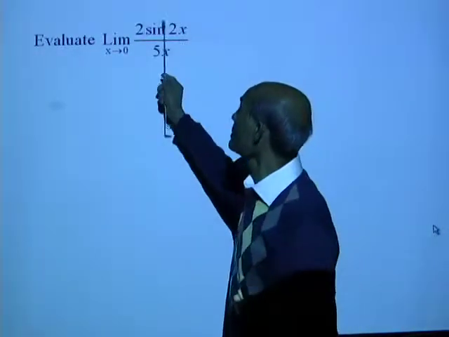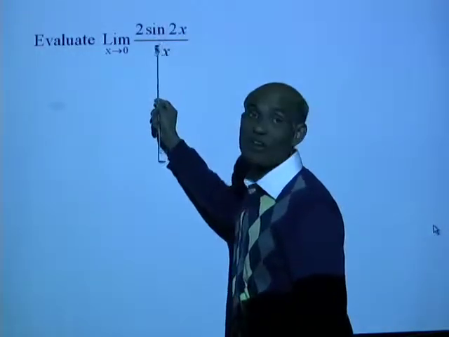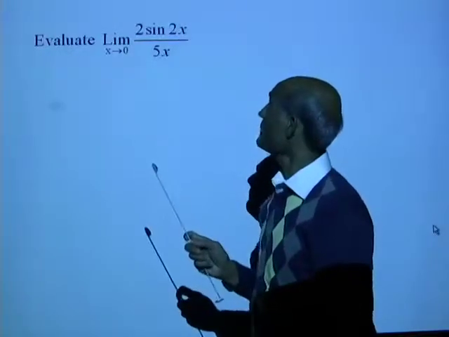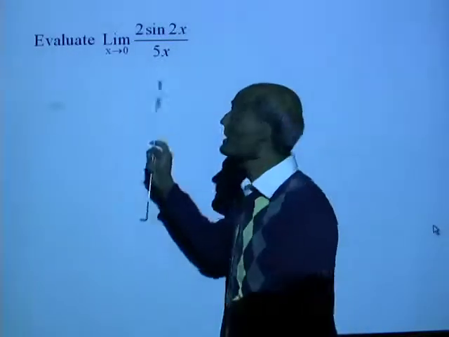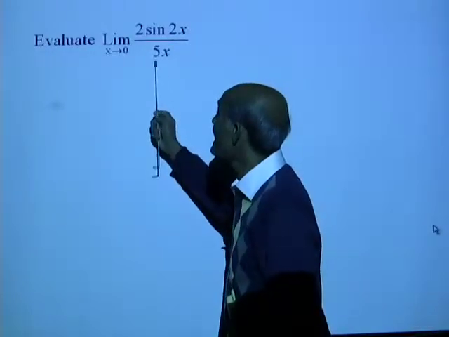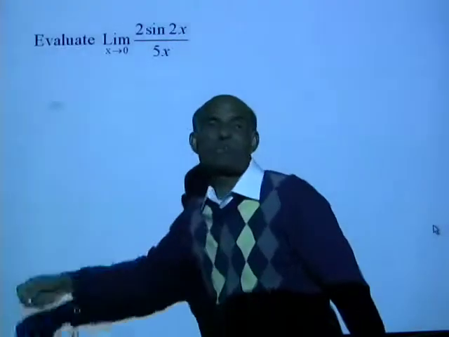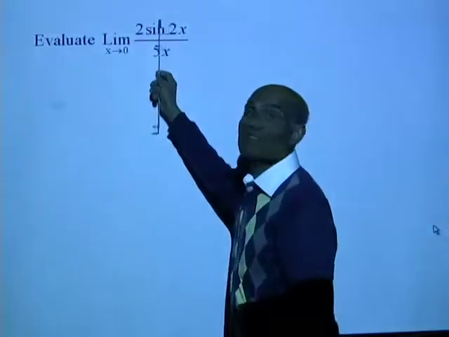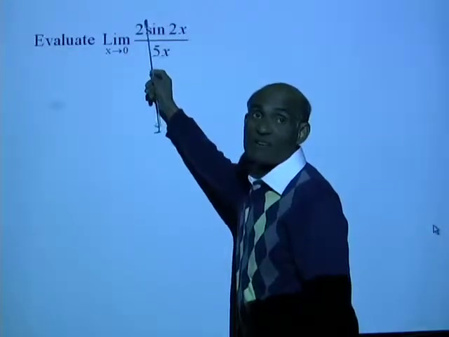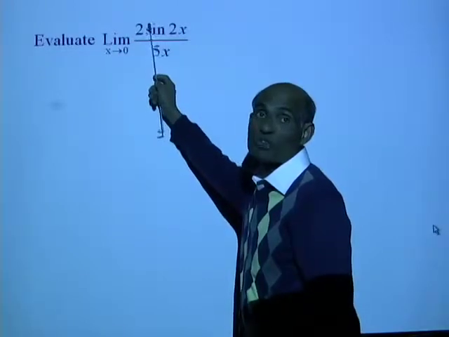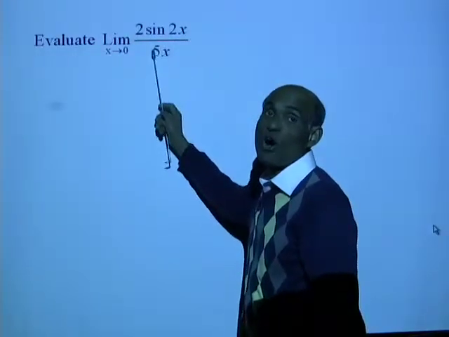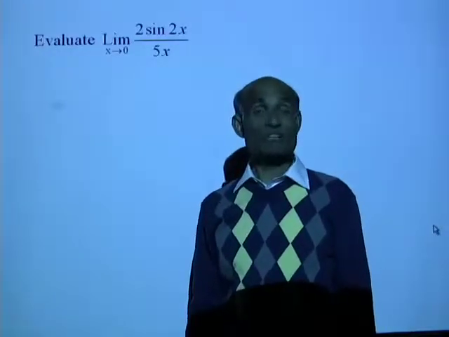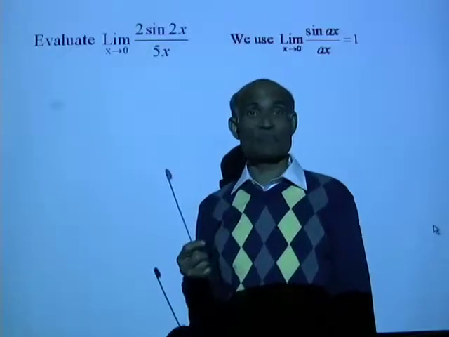But the problem here is, this is sine 2x over 5x. Therefore, the task here is, is it possible for us to make the denominator a 2x instead of a 5x? If we can have a 2x there, then limit x approaches 0, sine of 2x over 2x will be 1. You can actually do that with a simple process.